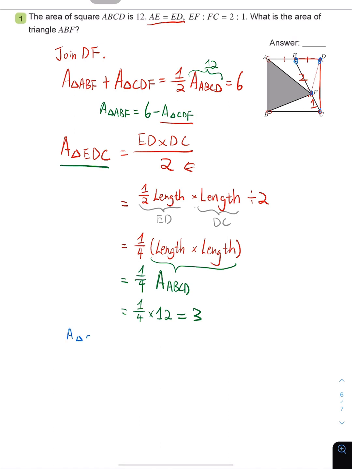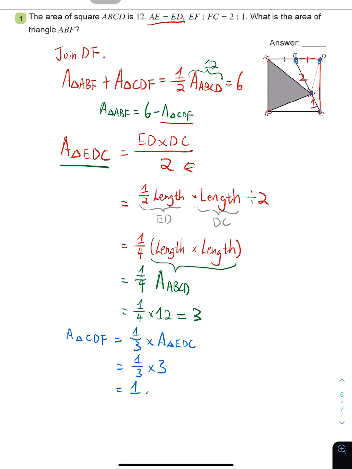So the area of triangle CDF is going to be 1 part out of 3, which is a third of the whole area of triangle EDC. That is a third of 3, which is 1.